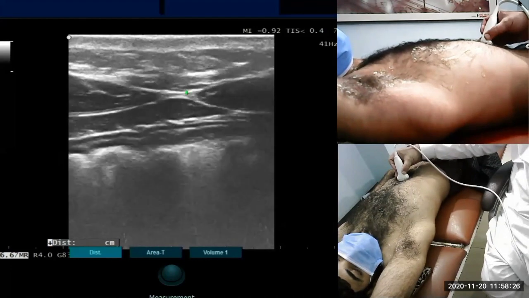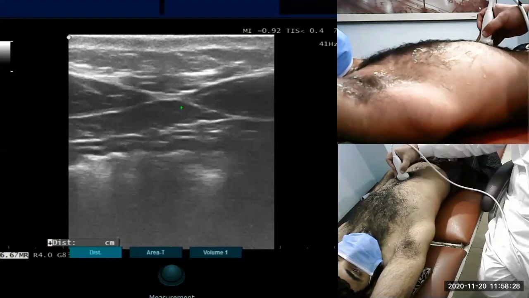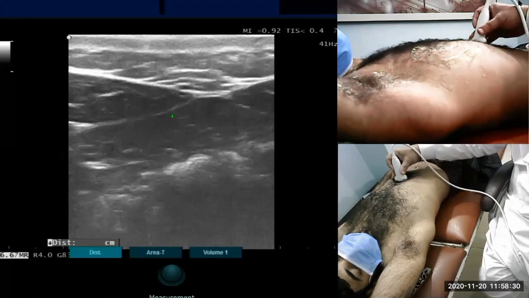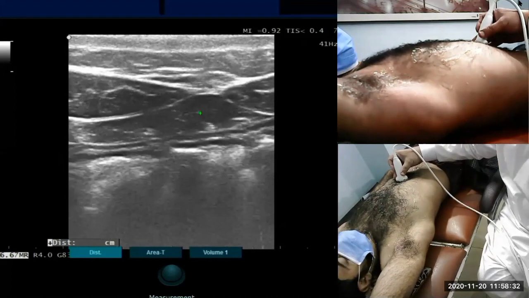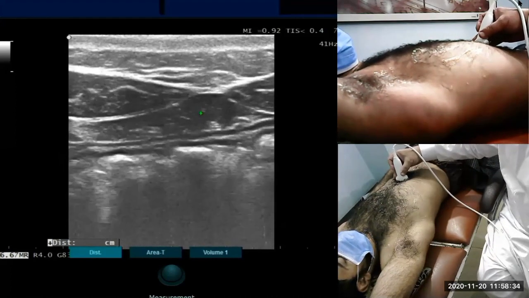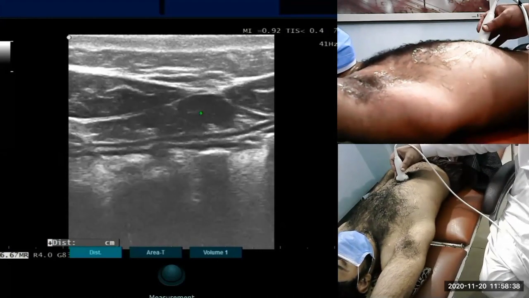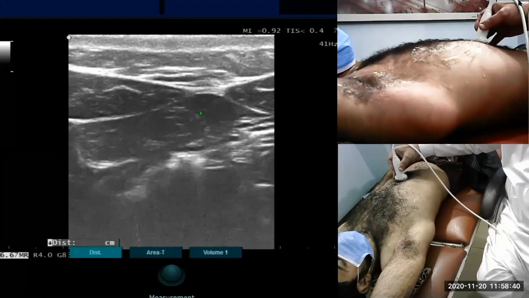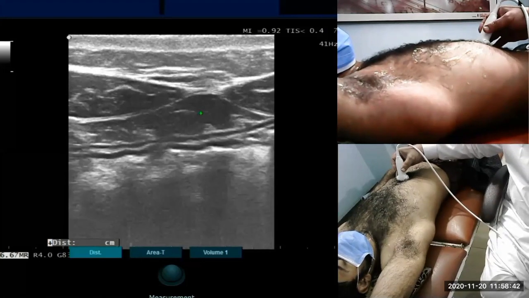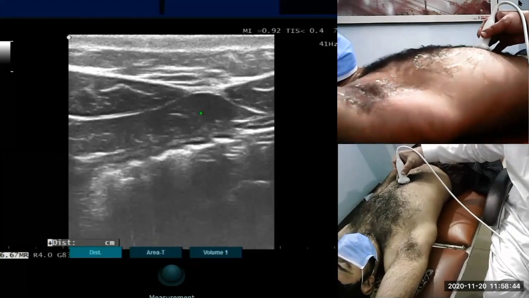And there you see linea alba. Below linea alba, we see intraperitoneal fat here.